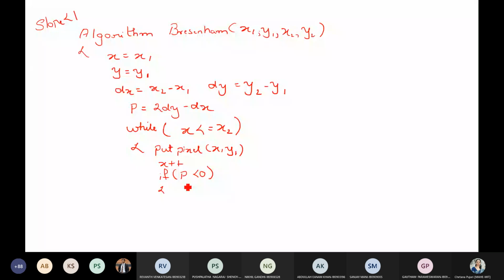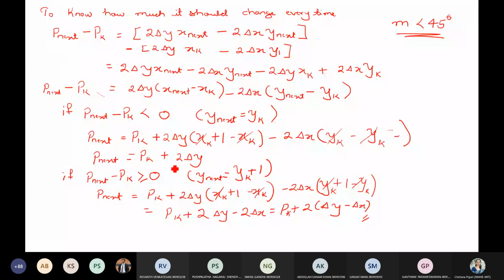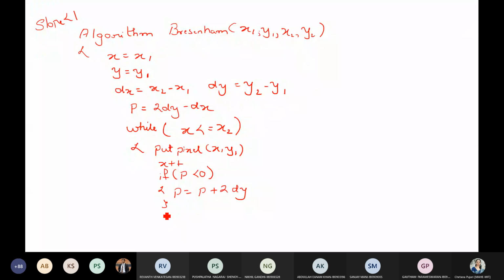If the decision parameter is less than 0, then we are replacing it with P plus 2 into delta Y. So P is equal to P plus 2 delta Y. Else P is equal to P plus 2 delta Y minus 2 delta X. And then you are going to increment your Y value.